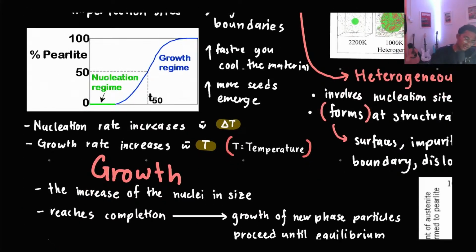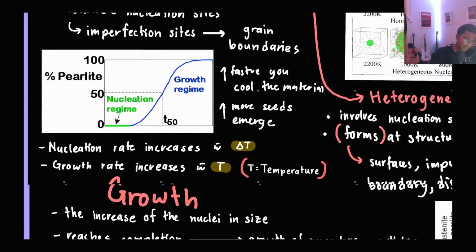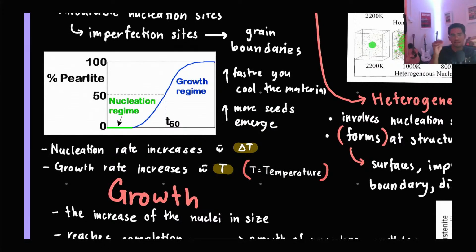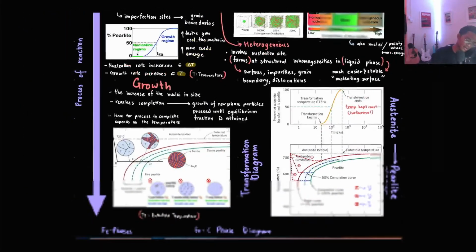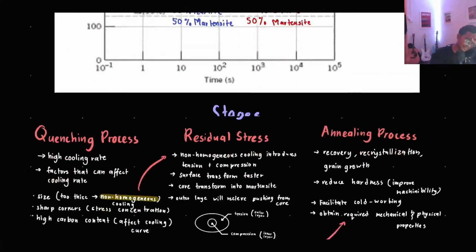If more seeds emerge, the distance between each seed is smaller. Okay, let's give an example here.